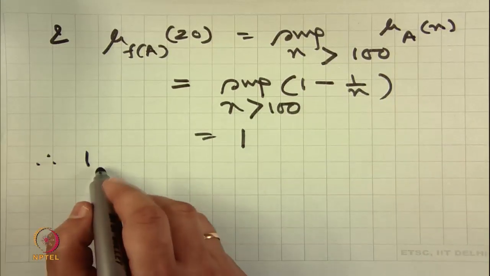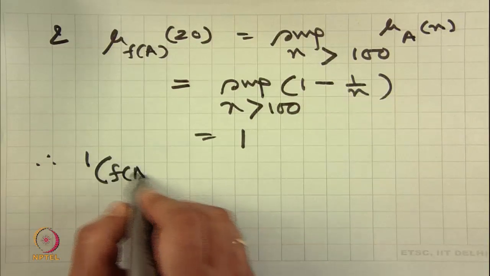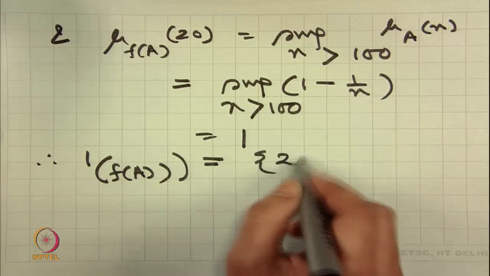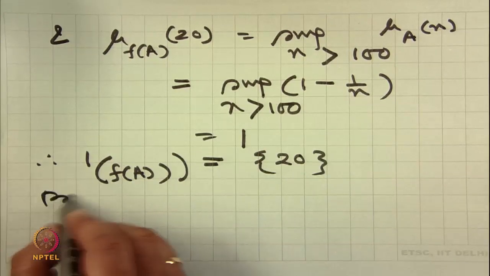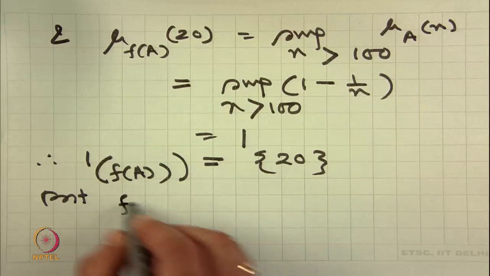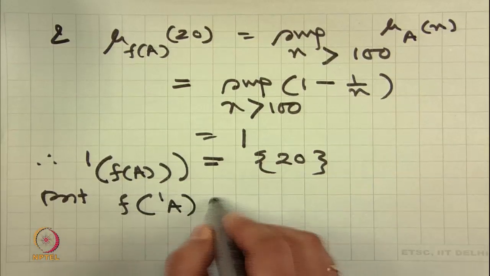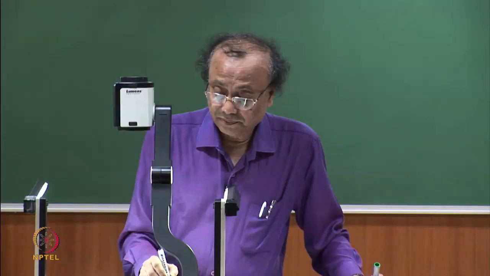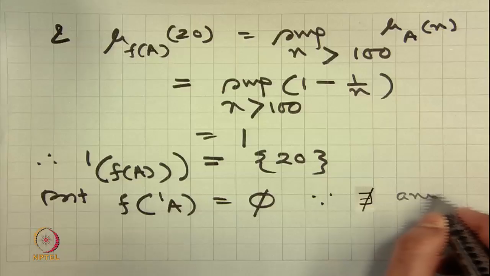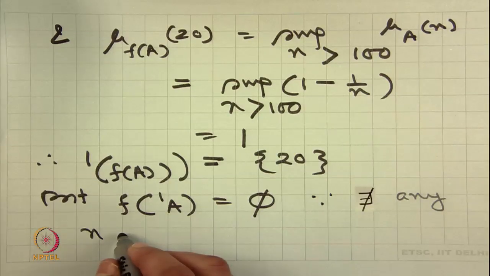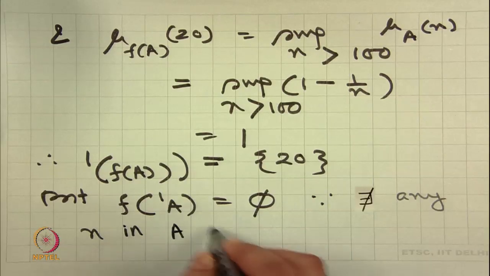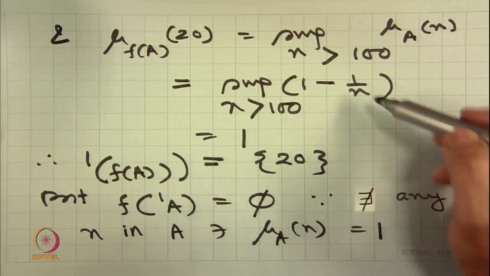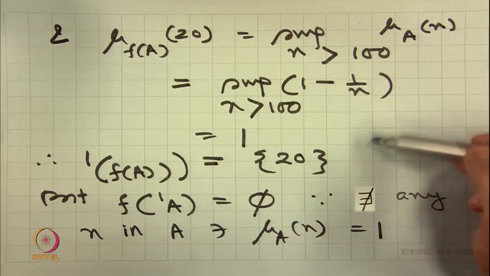Therefore, 1 cut of f(A) is equal to the singleton set {20}, but f of 1 cut of A is empty, since there does not exist any n in A such that mu A of n is equal to 1, because for all of them it is going to be 1 minus 1 upon n.